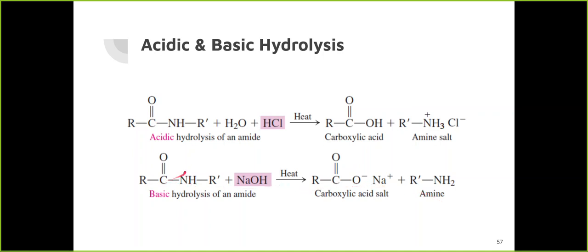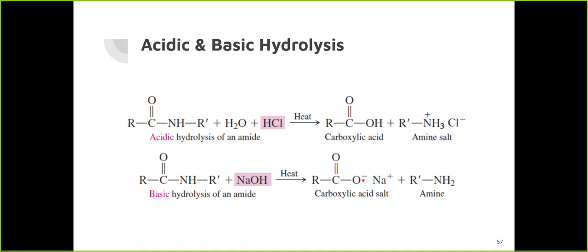So it's still going to cleave, and your amine will pick up that hydrogen, but your carboxylic acid is not going to take on the hydrogen here. Instead, it's going to be just an oxygen with a negative charge.